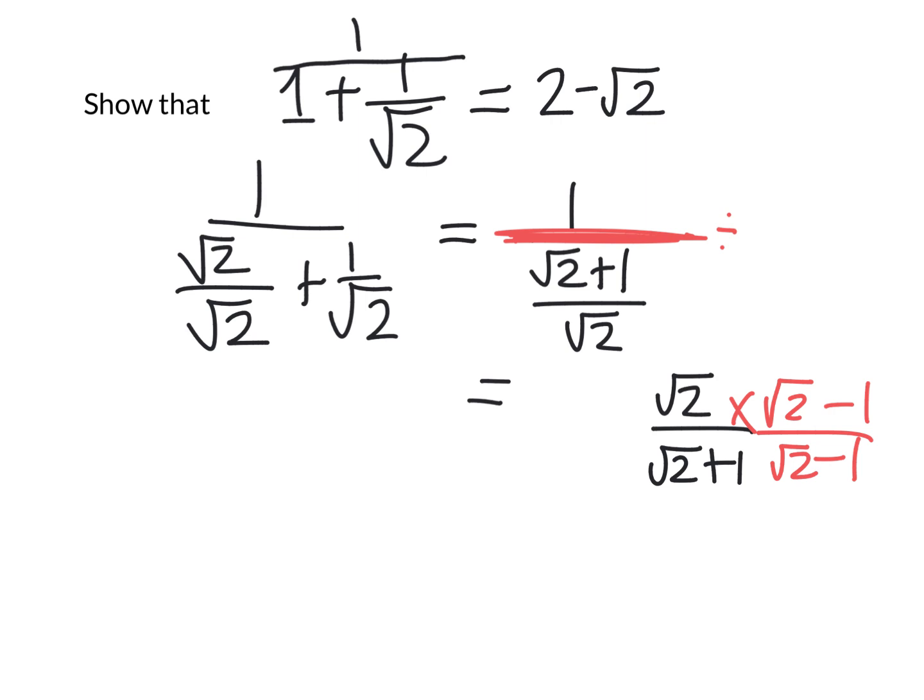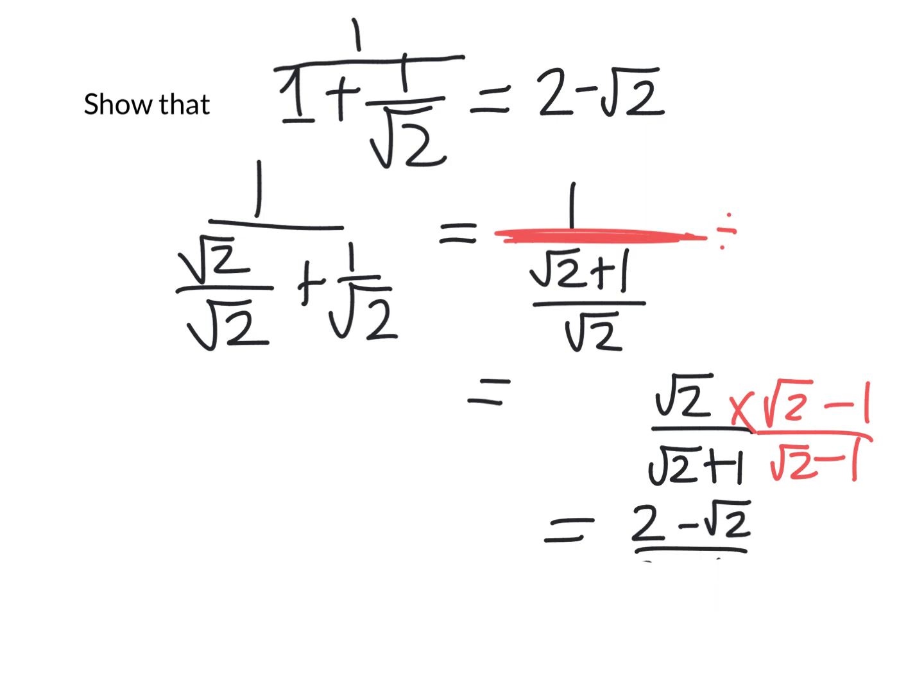So that means that on the bottom, using difference of two squares, you just square the first, square the second, stick a minus between them. On the top, root 2 times root 2 is 2. Root 2 times negative 1 is minus root 2. Once again, this is 1 on the bottom, so I don't even need to write it.